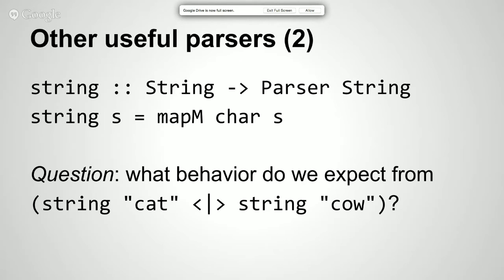The brackety pipe is the either or, right? Yeah, it's the choice operator. So you just get the first alternative. So it returns a parser of string. So what does a parser of string return? It returns a string. So that's going to return the string cat.